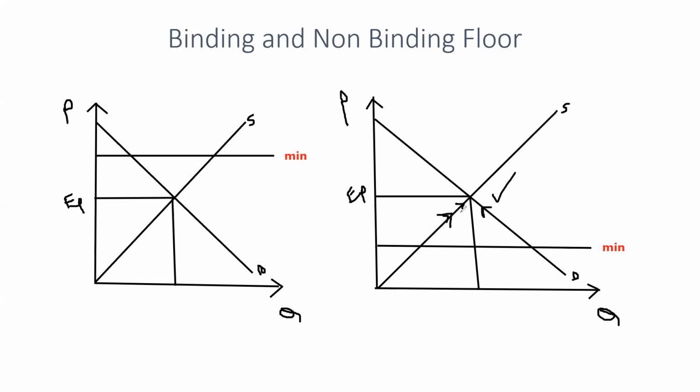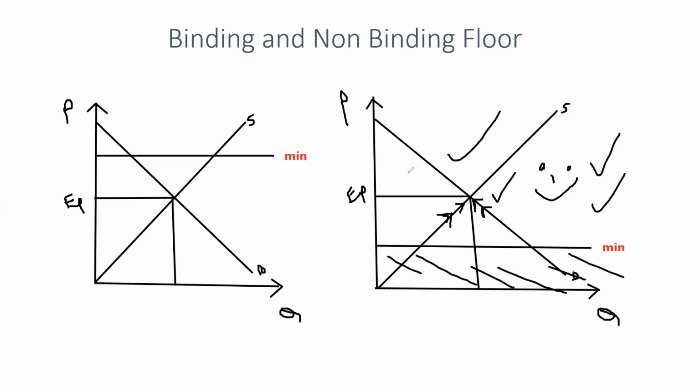Yes, the market will reach this particular level and the market will be efficient. The market will be a happy market in this case, okay? Because your equilibrium price is above the minimum. The point of the minimum is you can't go below it, okay? So this region below is not allowed, but the region above is allowed. So this is an example of a non-binding floor.